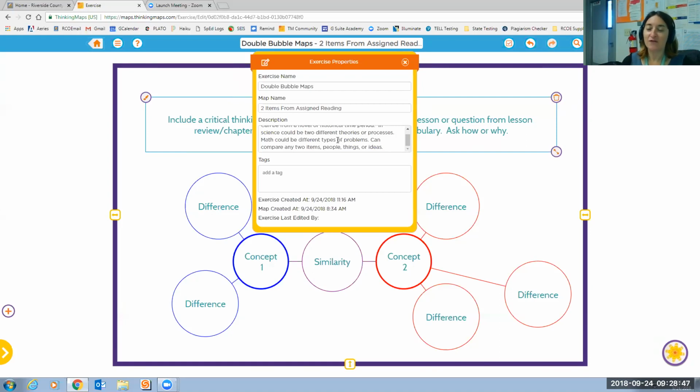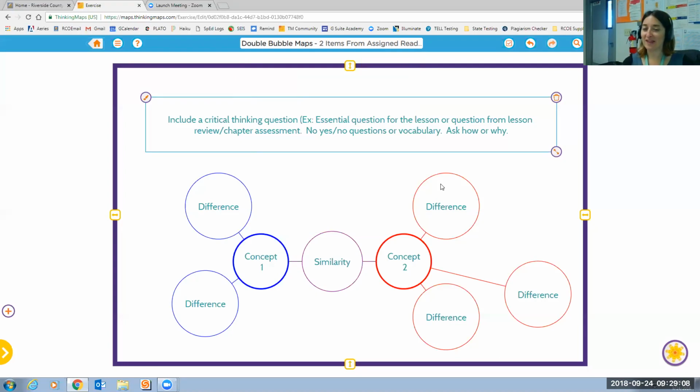All right. If you're doing science, you might compare and contrast 2 different processes, like you might do 2 different ways that cells reproduce. So it really depends on what you are studying this week. You've got freedom, but your teachers know what you're studying, and they also know to expect you to come up with a double bubble map comparing 2 items from your assignments this week.